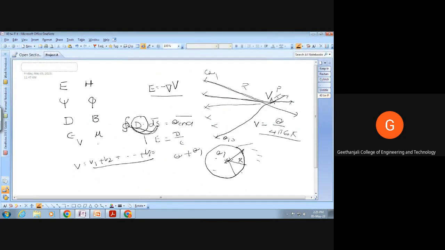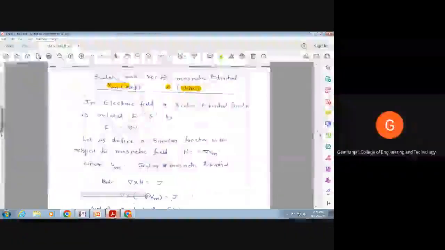So adding 10 scalar quantities is much easier compared to adding 10 vector quantities. So once we have this potential function, electric field is given by E is equal to minus grad V. So we have seen how this potential function has played an important role in the case of static electric field.